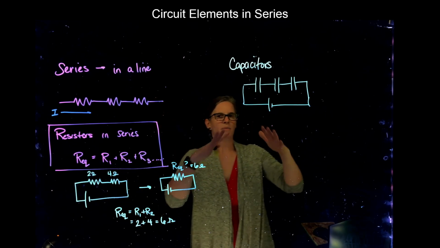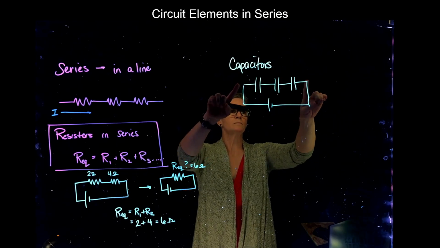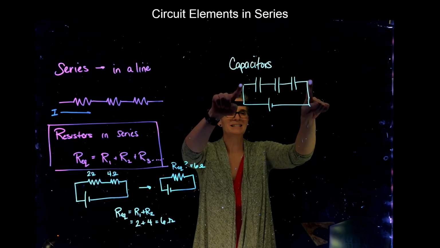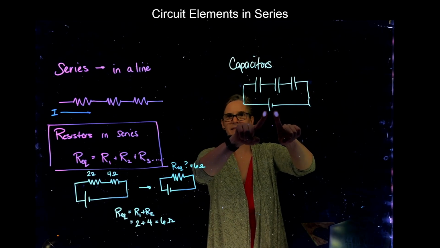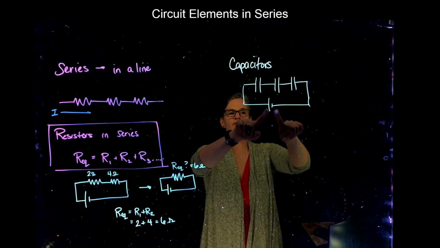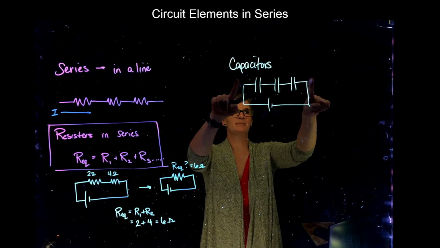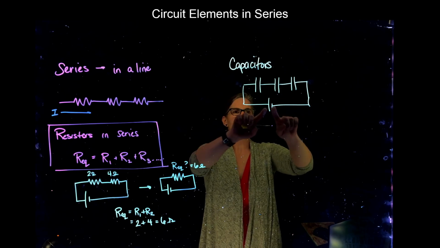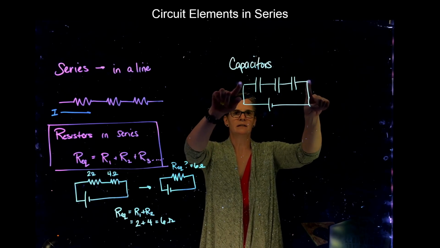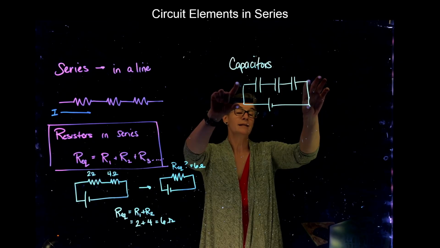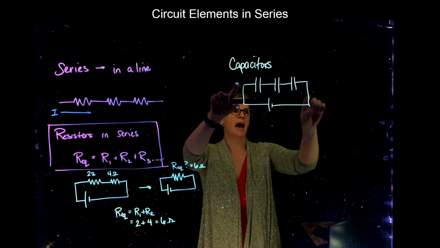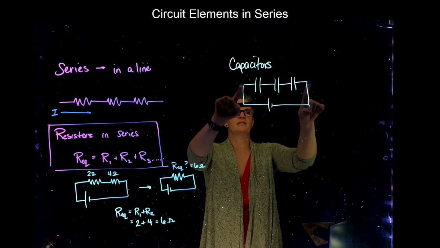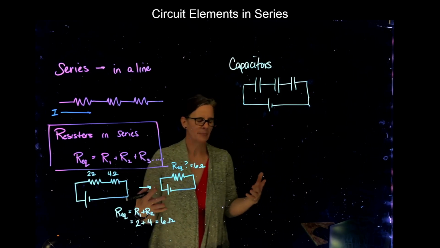When I think about the capacitance, the voltage across all three of these capacitors has to be the same as the voltage across the battery. The voltage difference across the battery has to be the same as the voltage difference across these three capacitors. Why? Because these lines never break, never deviate from that path, and so the voltage drop across here is as if it's the same wire.